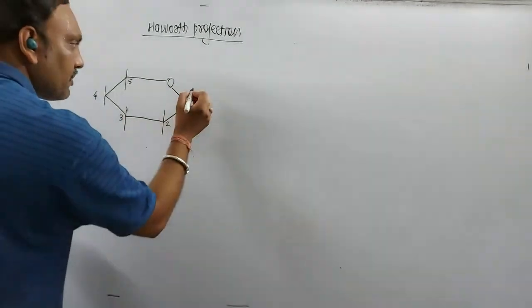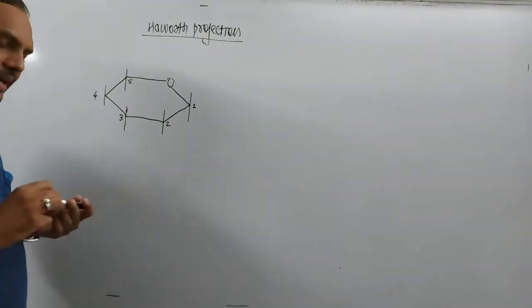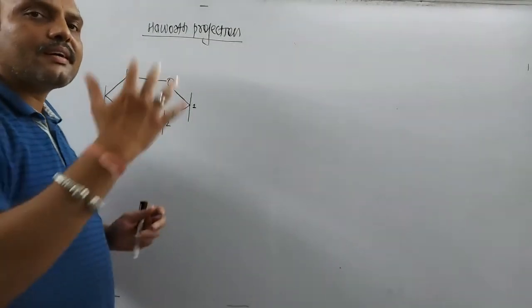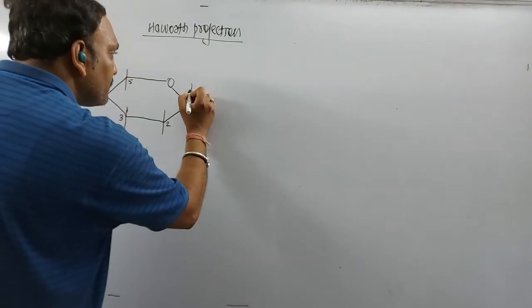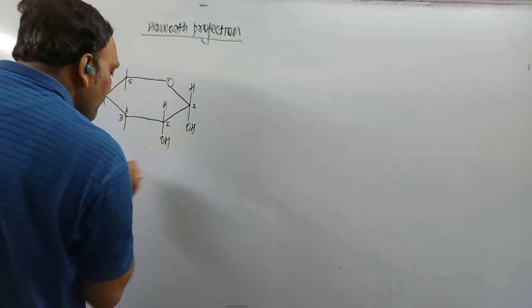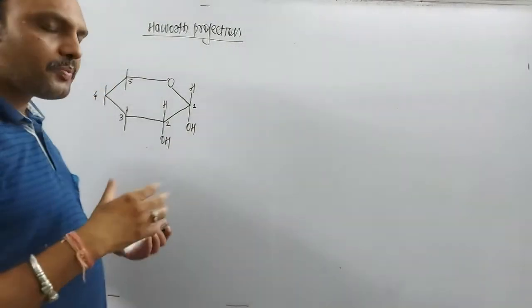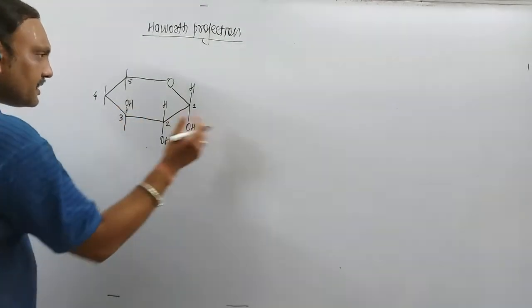So remember, if you are drawing the alpha anomer, then we all know very well that the OH group is on the right side. So that should be written down and H up. Now in the second carbon, we know very well that the OH group is present on the right-hand side, but in the case of the third carbon, OH is on the left side.